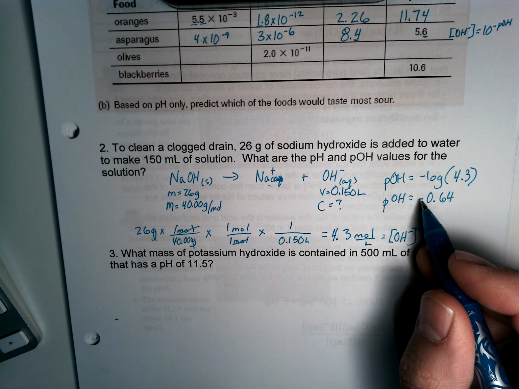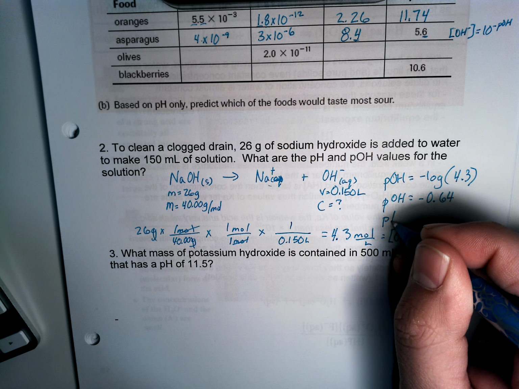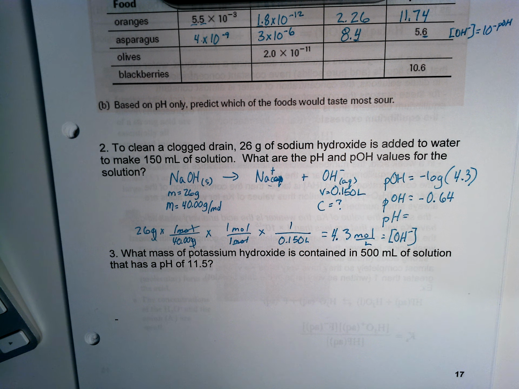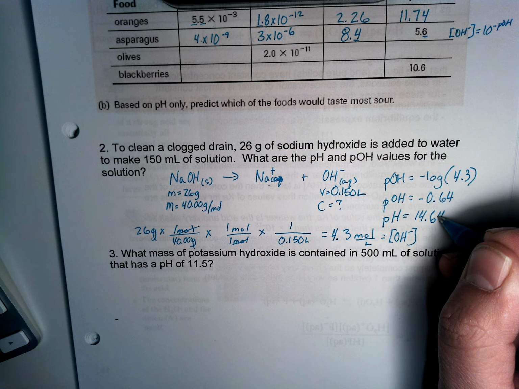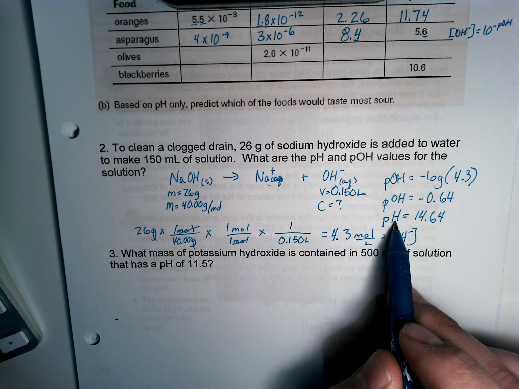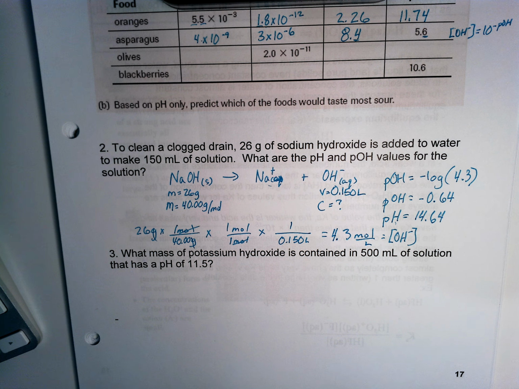Negative means it's a really high pOH... sorry, a really low pOH, which would be a really high pH. We find that by going 14 minus our pOH, and we get 14.64. So that would be our pH and pOH of our drain cleaner solution.